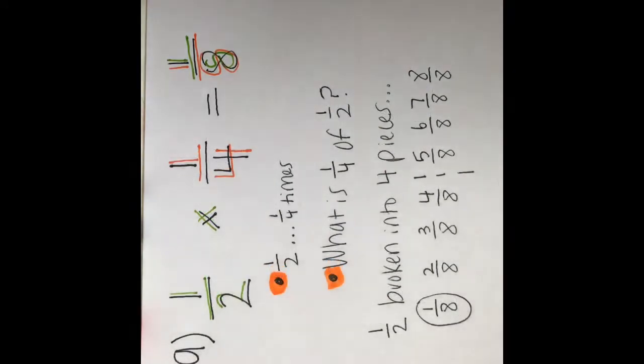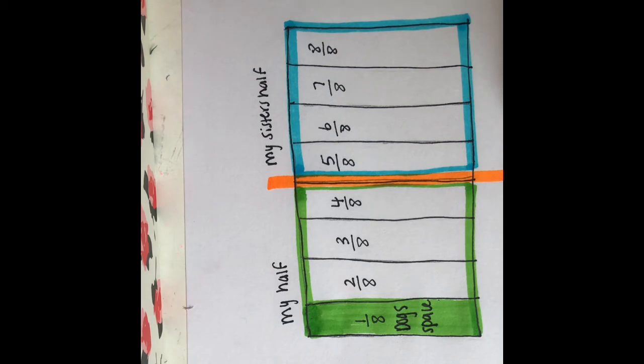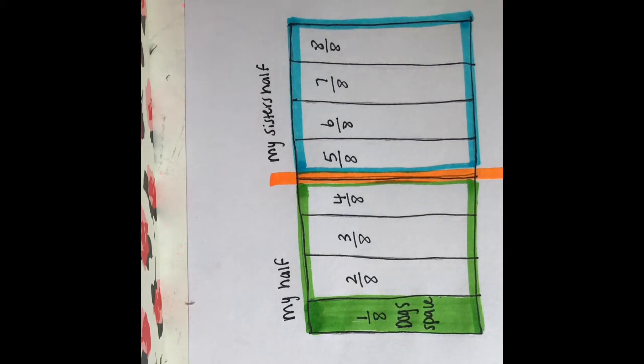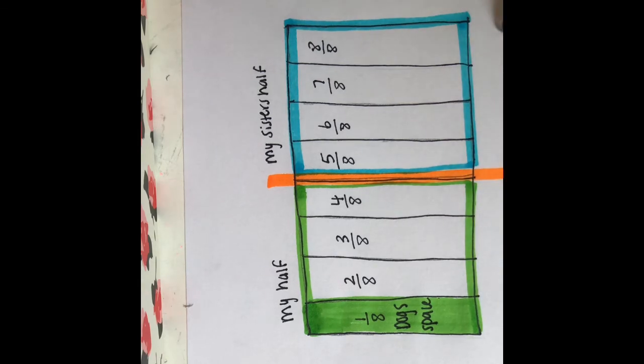Next, I will draw a visual and tell you a story to prove that 1/2 times 1/4 equals 1/8. So here's my visual of 1/2 times 1/4, which equals 1/8. What I did was I first split it into 8 equal parts, each space being 1/8 out of the 8 out of 8 parts. And then I split it in half, because I need to find 1/2 times 1/4.